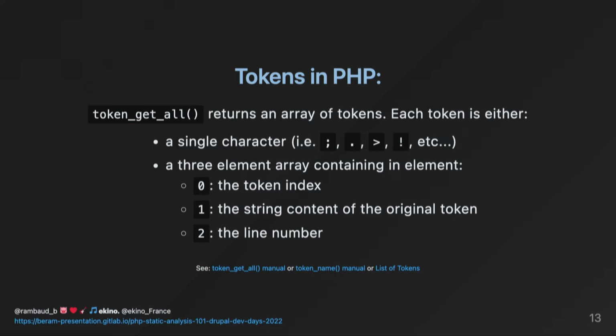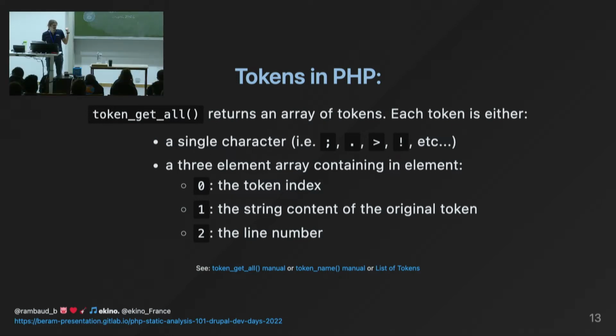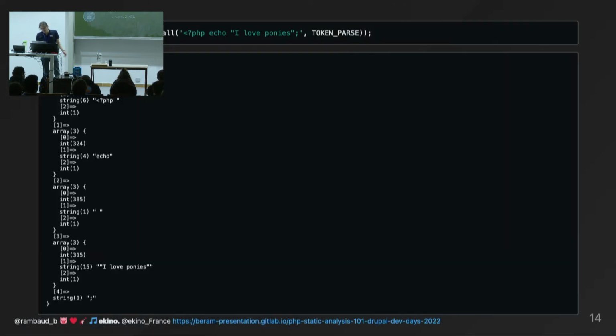And this array has just three indexes. Index 0 is the identifier of the token, so the constants we saw before were just the human name beside this int. After that, we have the content and then the line number. So when we try to see how it works, we have something like that.